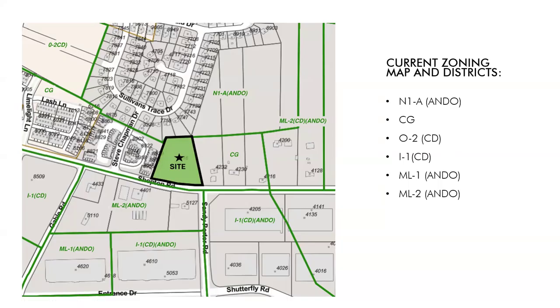Parcels south of Shopton Road are identified as I1 and ML1, which are industrial and manufacturing and logistics zoning districts, more intensive uses. And they're within the ANDO, the Airport Noise Disclosure Overlay District.